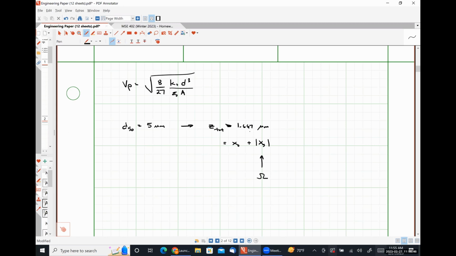And our X naught is what we're calculating from before. So X naught is the equilibrium displacement caused by the 5-volt DC, okay. Yes, I had to make sure that I write that down.